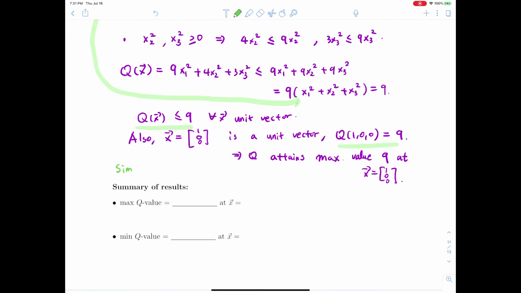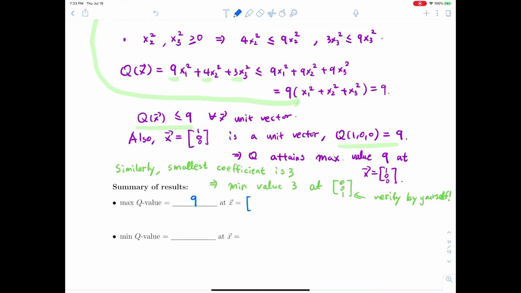Similarly, the smallest among all the coefficients is 3, so you will get the minimum value equal to 3, and this occurs at the vector (0, 0, 1). You may want to check this by yourself. To summarize, we get the maximum Q value 9 at the vector x equals (1, 0, 0), and the minimum Q value 3 at (0, 0, 1).